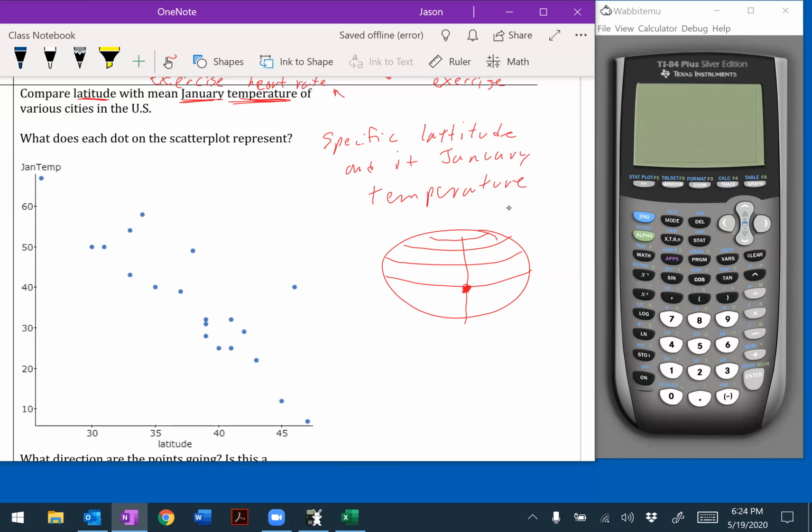Okay, with a little bit of variation, but not much. Okay, but you get way up here, okay, 45 degrees latitude. Okay, this is 0 degrees latitude. So way up here, you're getting cold, very cold, close to the Arctic Circle. So, okay, that makes sense. So this would be a negative correlation.